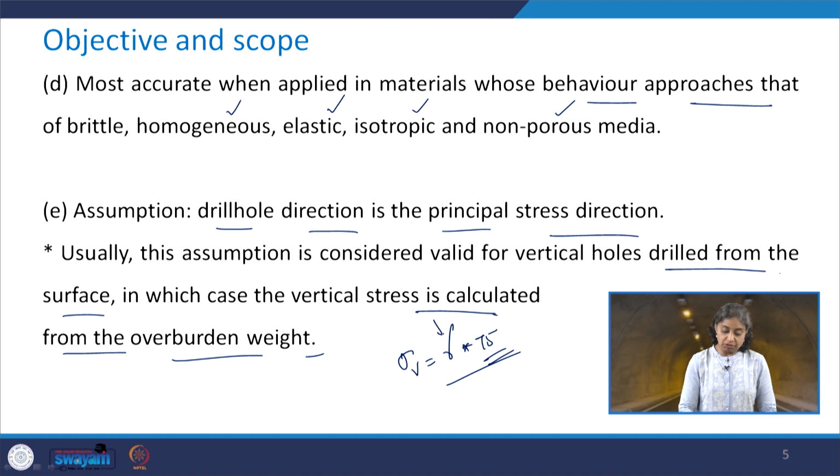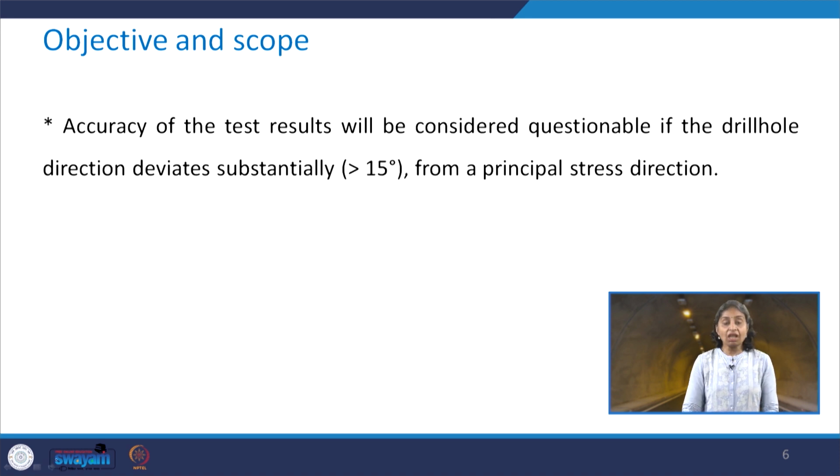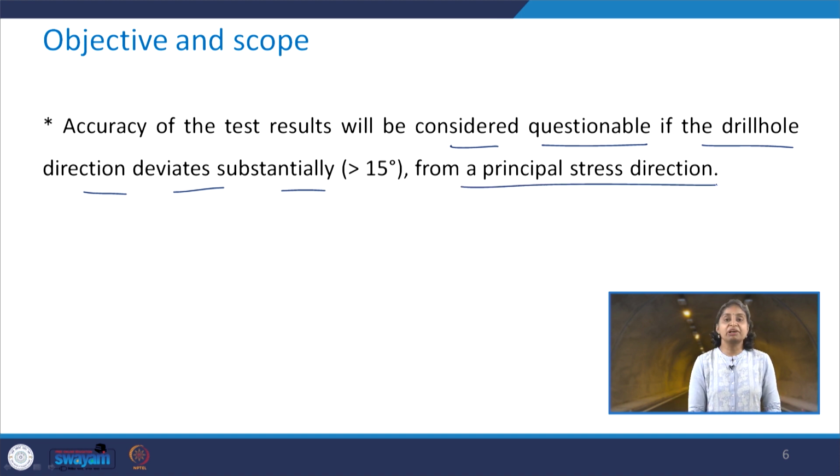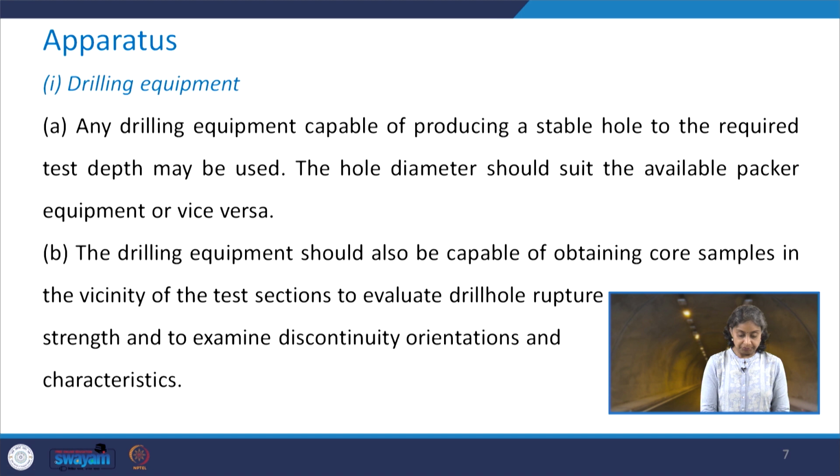So, based upon the unit of gamma, sigma v will have the unit. The accuracy of the test results will be considered questionable if the drill hole direction deviates substantially, which is more than 15 degrees from the principal stress direction.